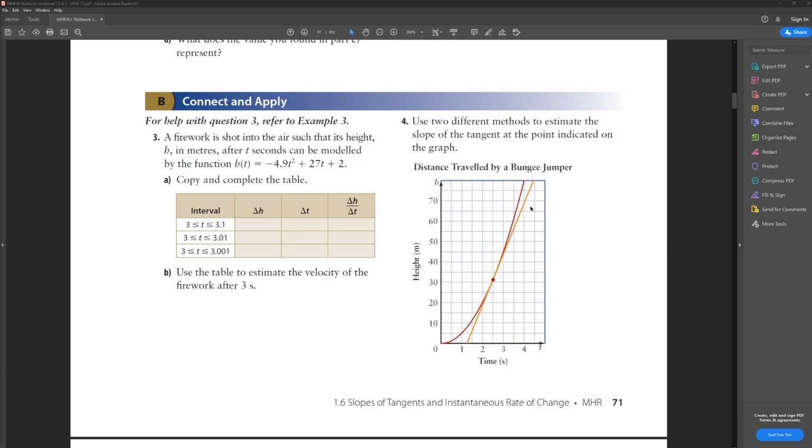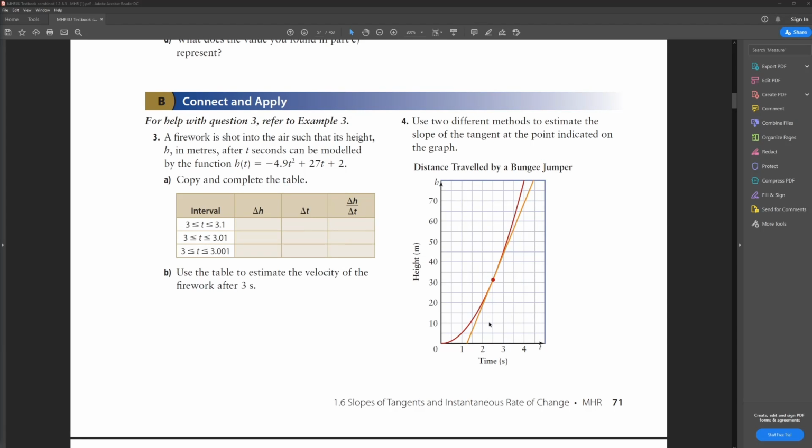So we would have 70 minus 31, all divided by 4 minus 2.5. And that would get us our slope, which is around 25 meters per second. Then we could have another point on the same graph, on the same line.